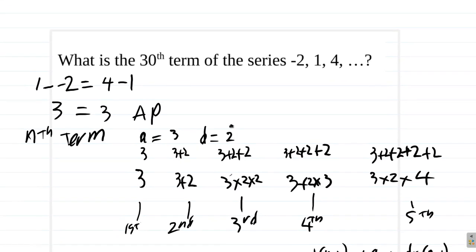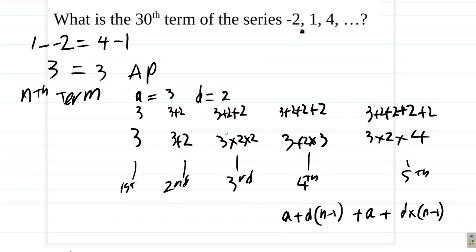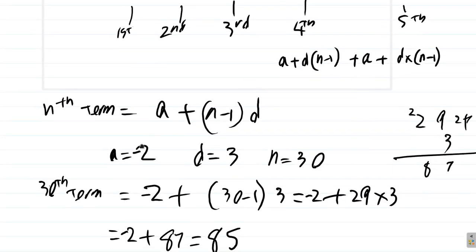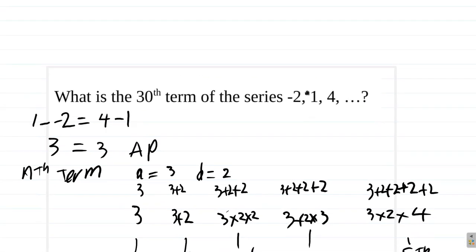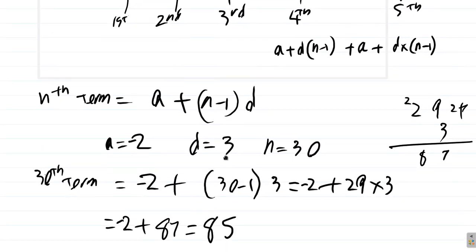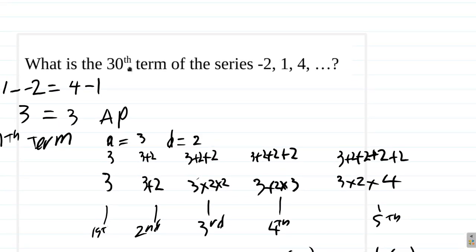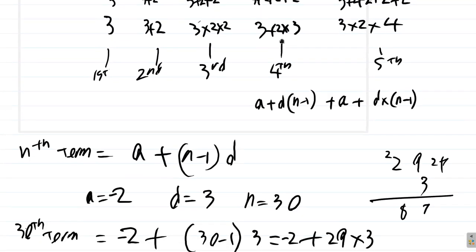So a quick review. The 30th term of this series: the first term a is negative 2. The common difference is 3, which we worked out earlier. D is 3, and you want the 30th term, so n is 30.